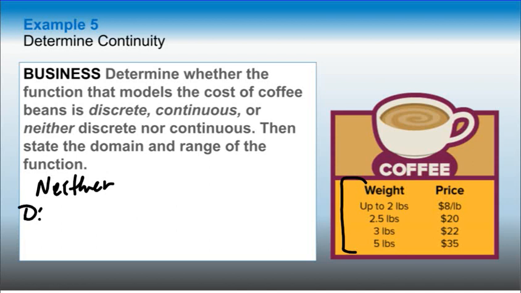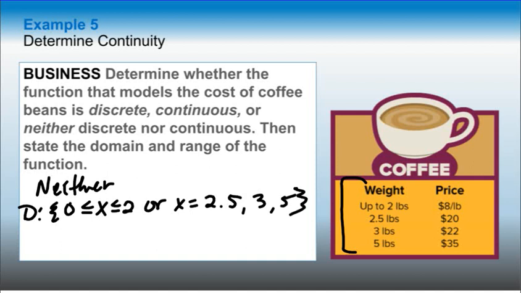Now the domain for this one has a couple parts to it. It has to be greater than or equal to 0, but less than or equal to 2. Or you could also have x equaling 2.5, 3, and 5. Those are the only possible domain values you can have for the weight of the coffee.